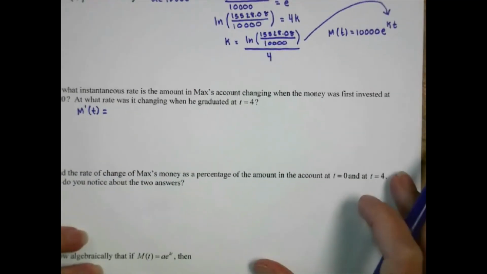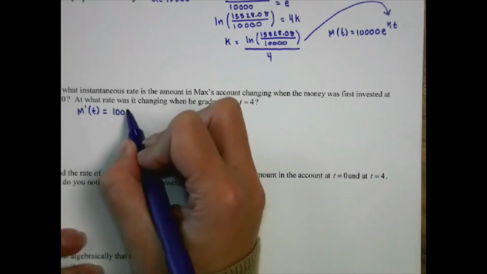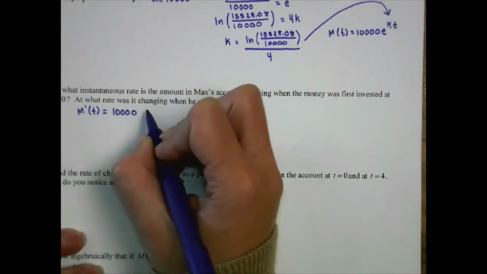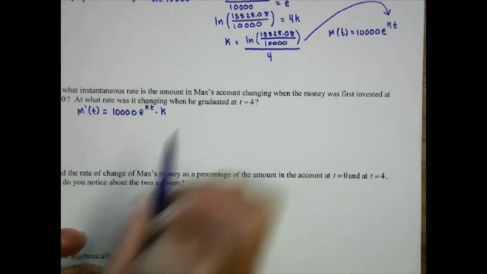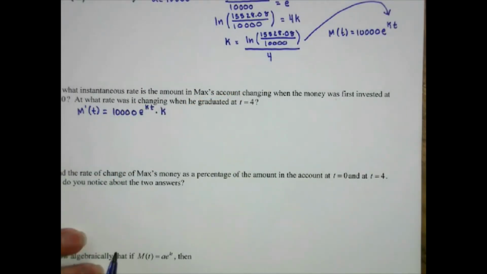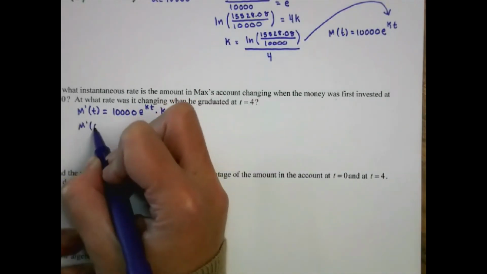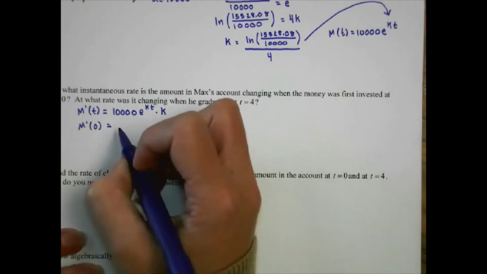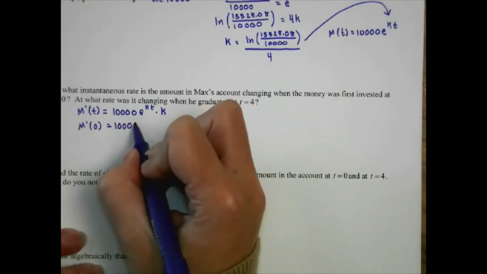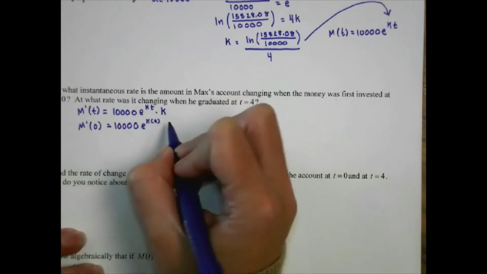Okay, that derivative is going to be 10,000 times e to the kt times k, using the chain rule. So now m prime of 0 is going to be 10,000 e to the k times 0 times k.